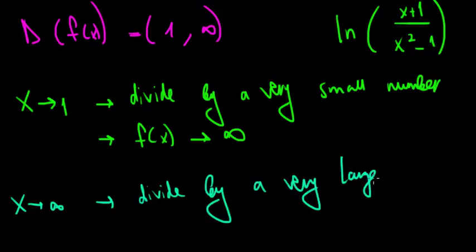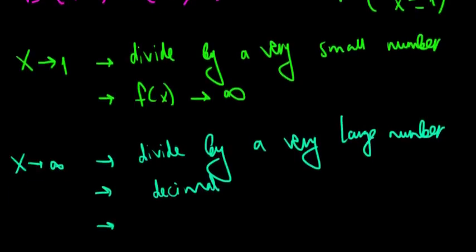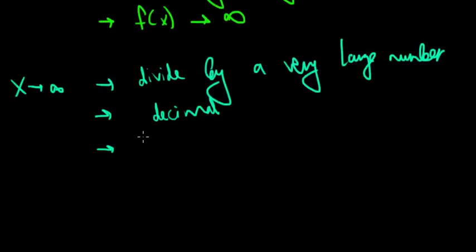But now, one thing to pay attention to. We divide by a very large number. We get a fraction that is a decimal. But then we want to know what is the logarithm of a decimal. And I encourage you to put it in the calculator right away. What is ln of 0.001, for instance?